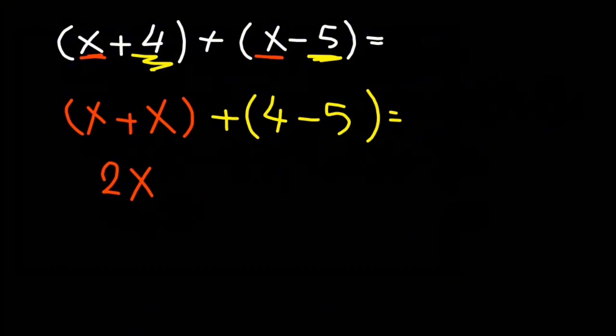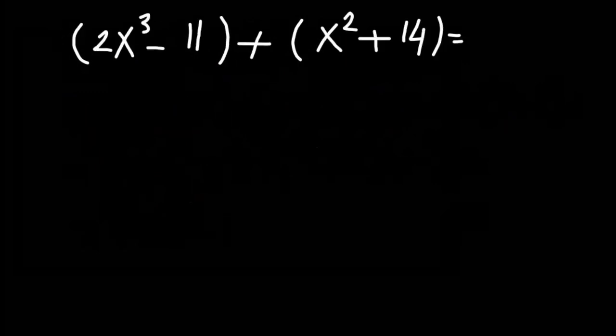For this one, we have 4 minus 5. It is actually negative 1, opposite signs, subtract. So what is the final answer? It is actually 2x minus 1. We cannot simplify it more, we cannot subtract anymore.